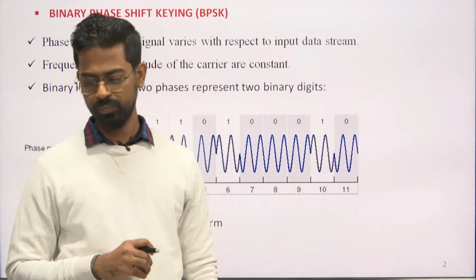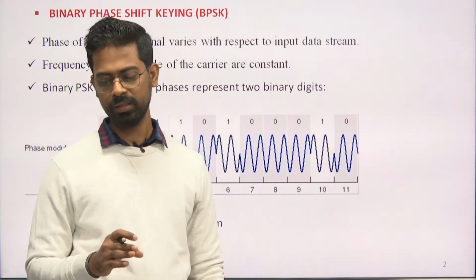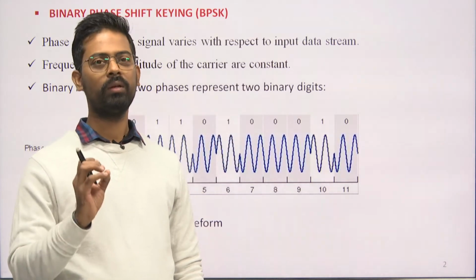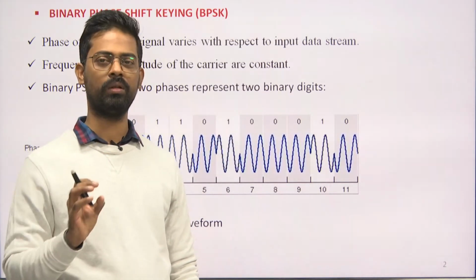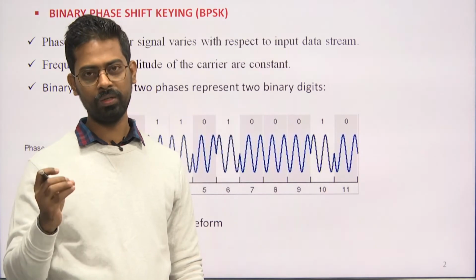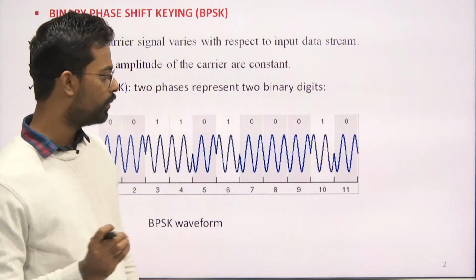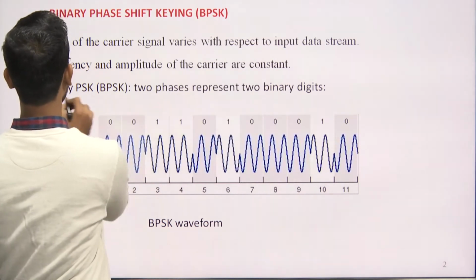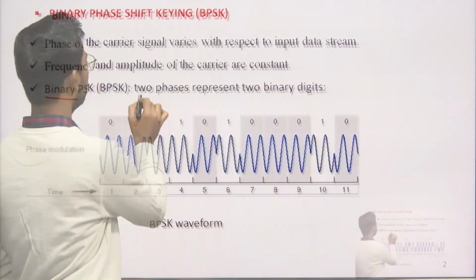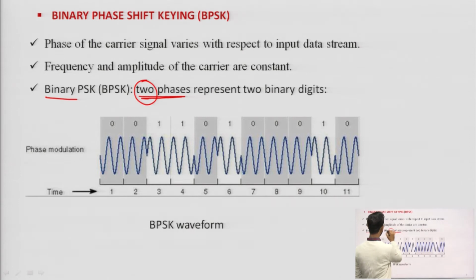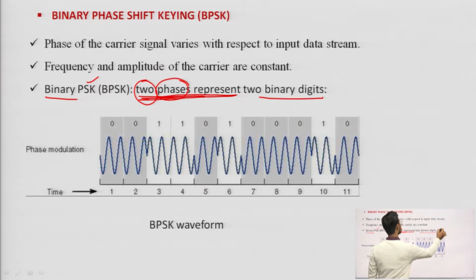So binary phase shift keying: binary means 2, and phase shift means phase. So 2 phases are represented for 2 different binary digits, either 1 or 0.